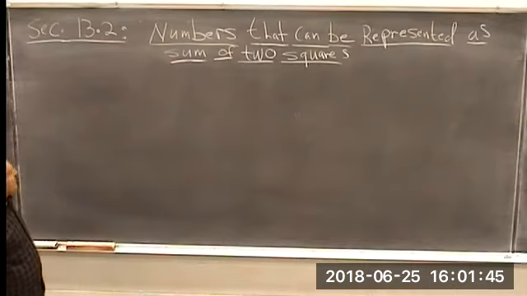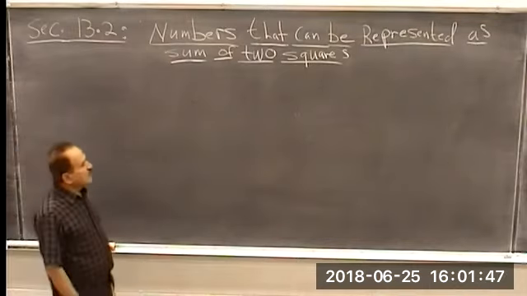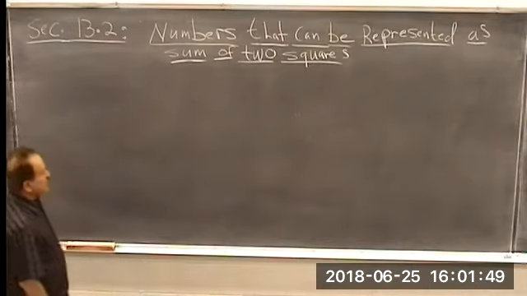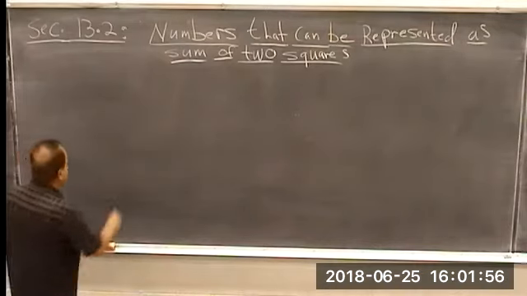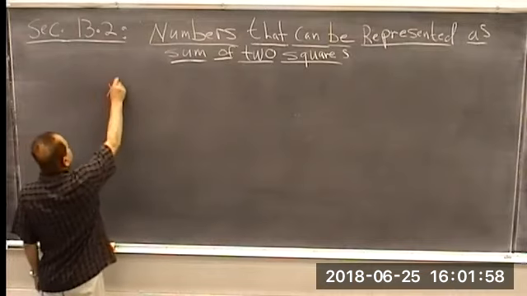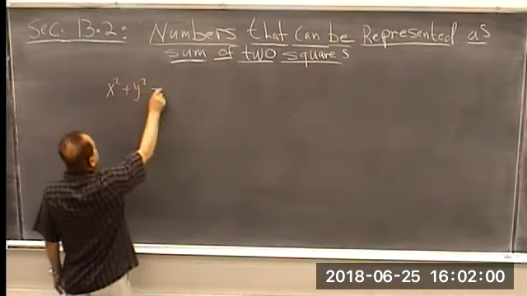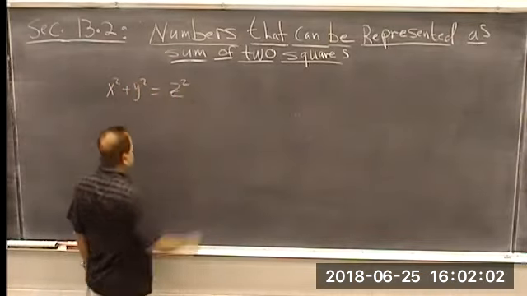In section 12.1, we talked about the Pythagorean triples, which is basically a triple of numbers that satisfy this equation: x squared plus y squared equals z squared.